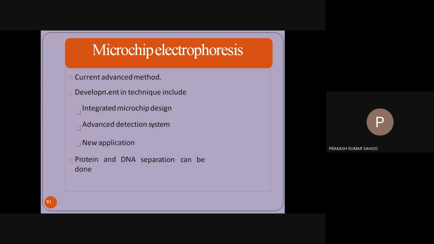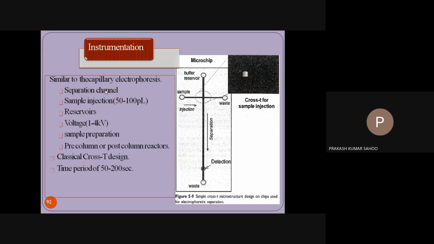Microchip electrophoresis is another advanced version. The current advanced method development in this technique includes integrated microchip design, advanced detection systems, and new applications; protein and DNA separation can be done. This is the microchip model setup.